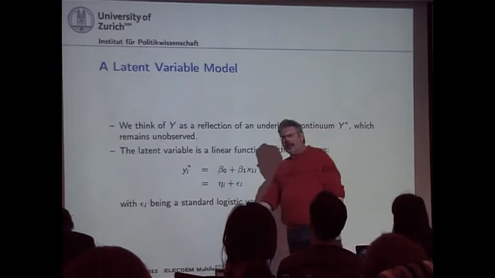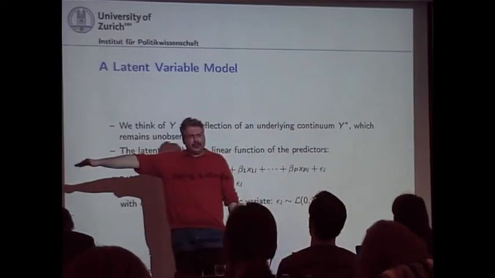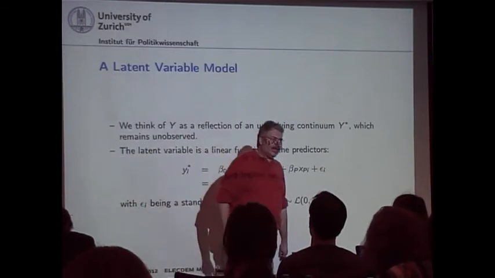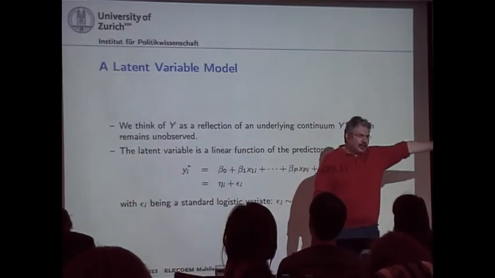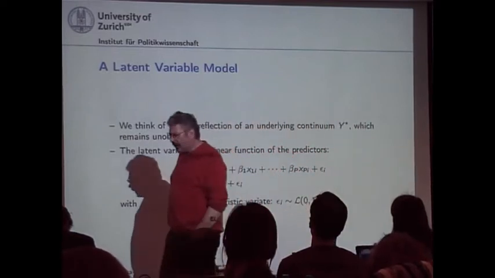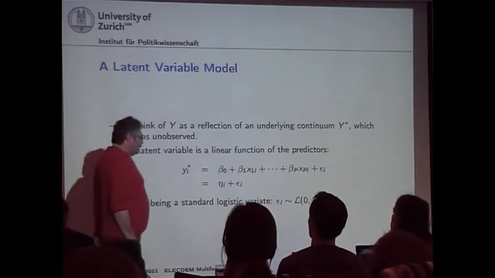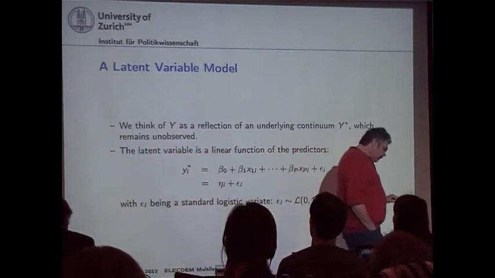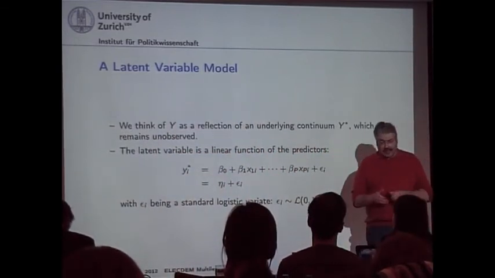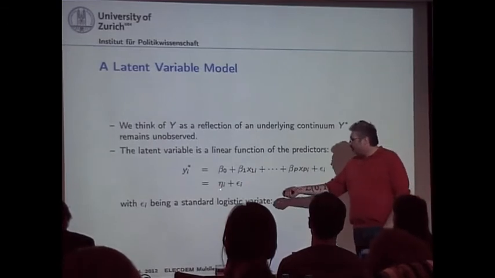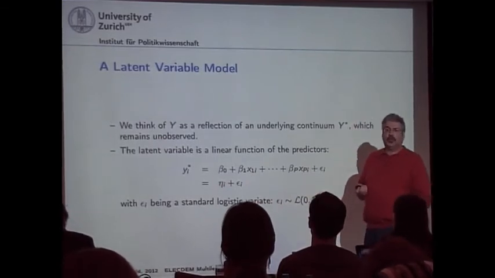Here you have negative infinity, those are the people that would rather be dead than ever be caught voting for Labour. And then here are these people that even if Labour were to start the Third World War, they would still want to vote for the party. You could imagine positioning people along that continuum. Now, that continuum we now model, and we model it by way of this linear predictor I introduced earlier.